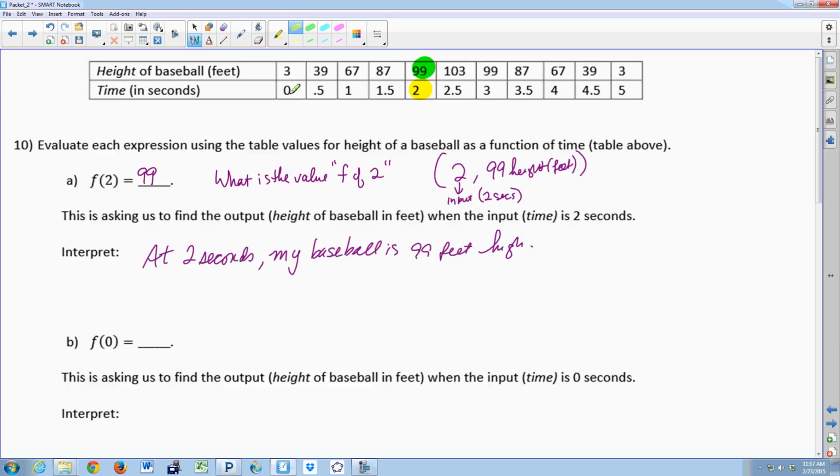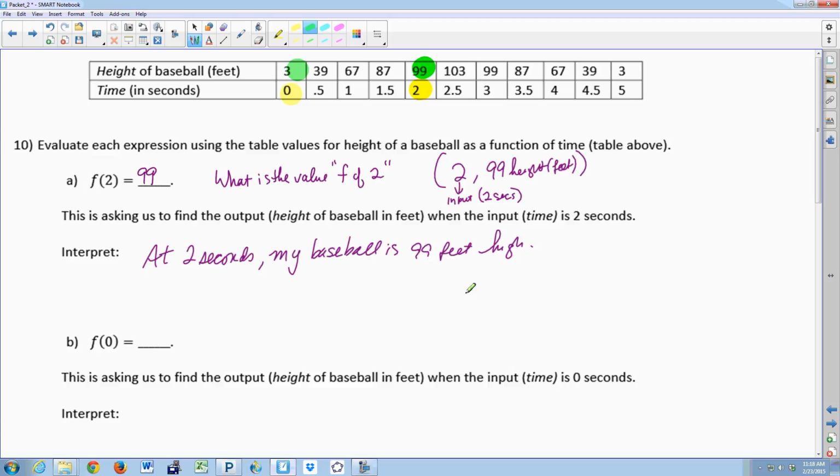On the 0 right here in my bottom row. And then you actually gave me an output, 3, right. So before I even start measuring the height, my initial time here is t equals 0.